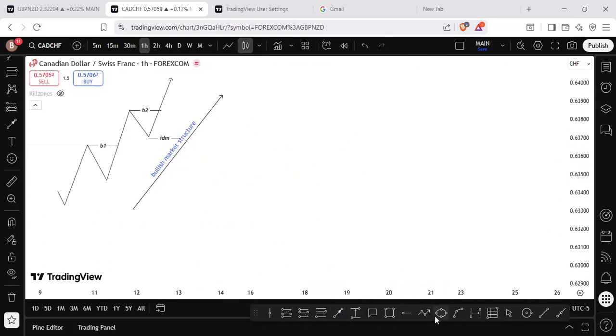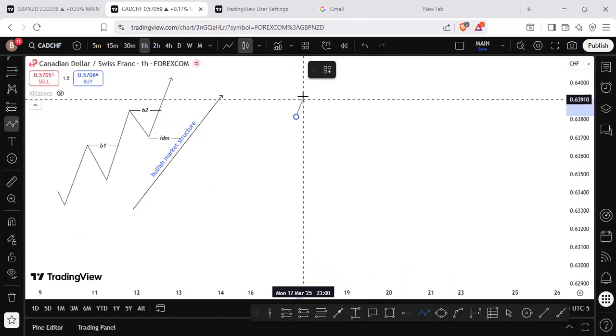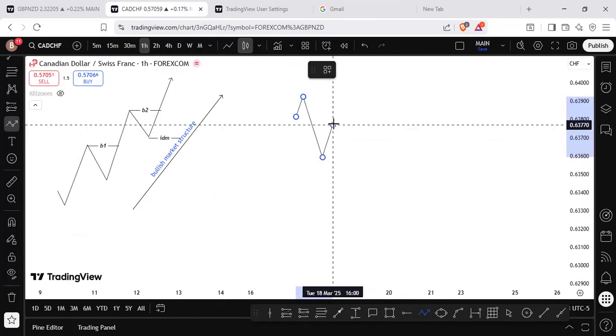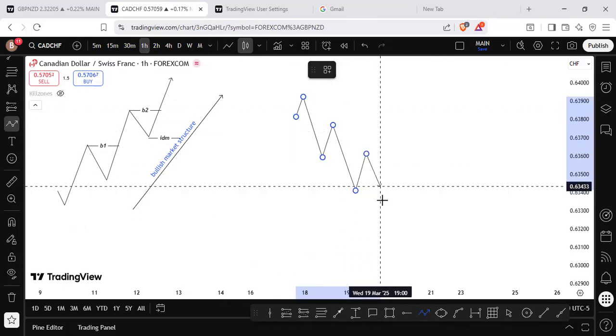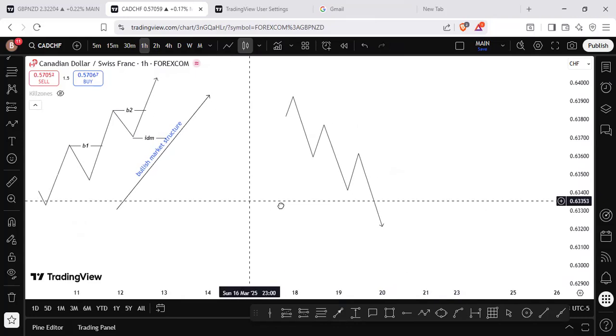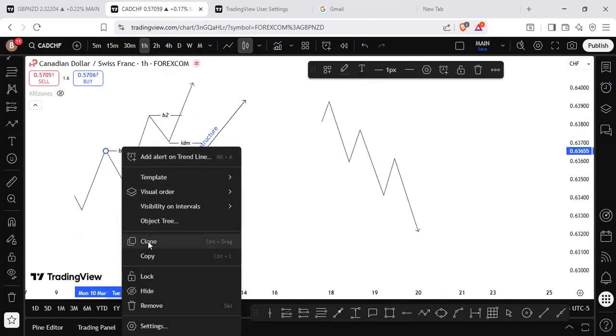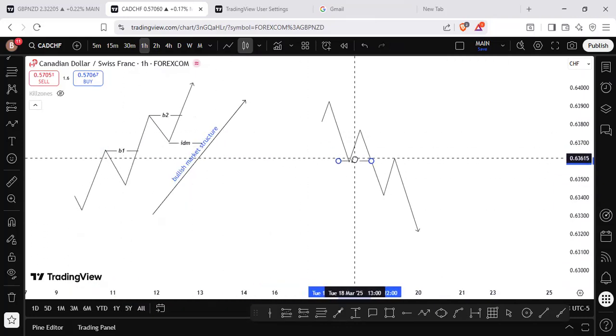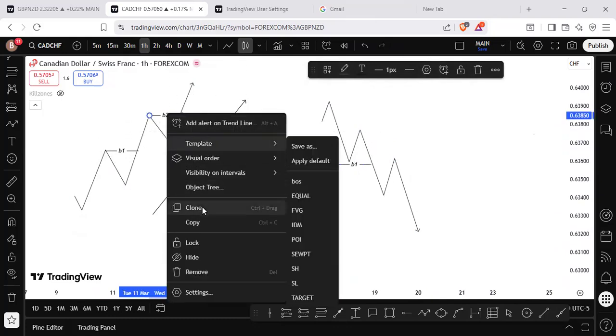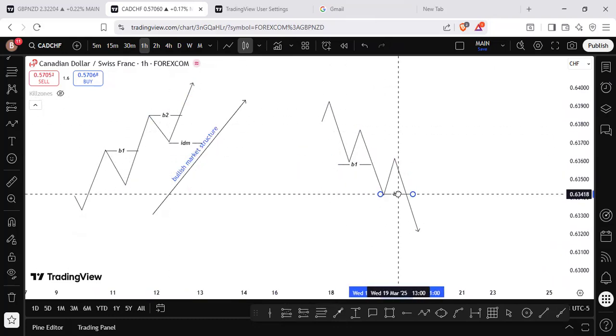Then for your bearish market, you need to see the reverse. Impulse, correction, impulse. Then you name them the same way. Your downside, that's your B1. That's your B2.